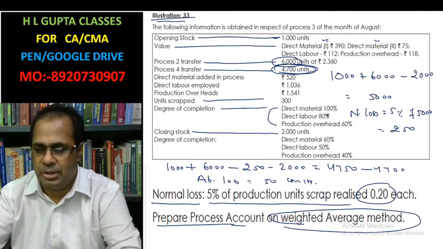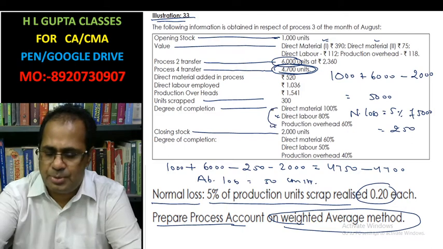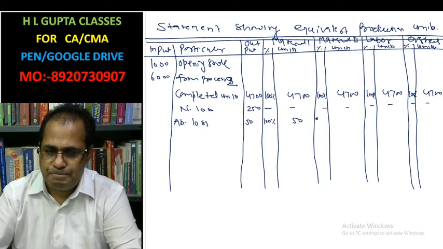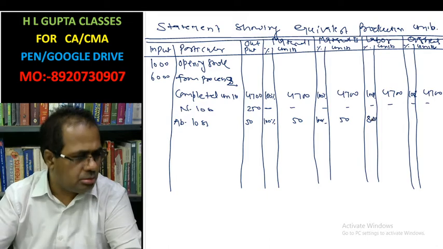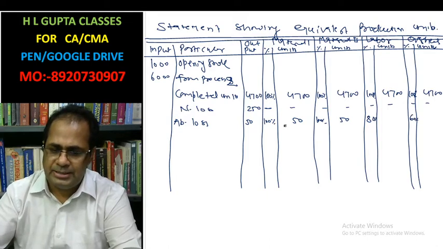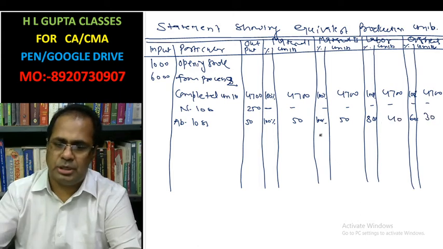Direct labor is 80% and production overhead is 60%. This is 100% as well, this is 80%, and this is 60%. In this case, this is 40 and this is 30.